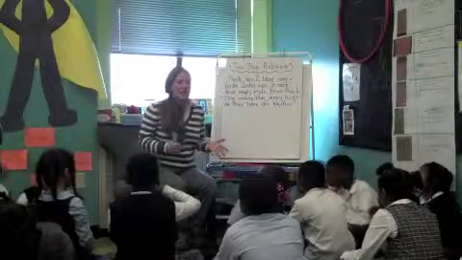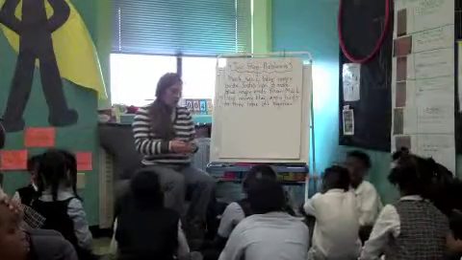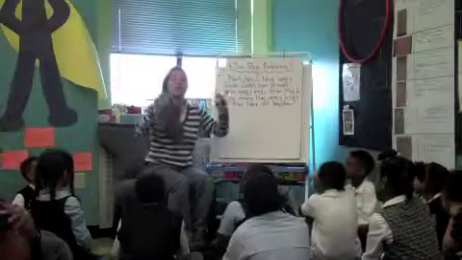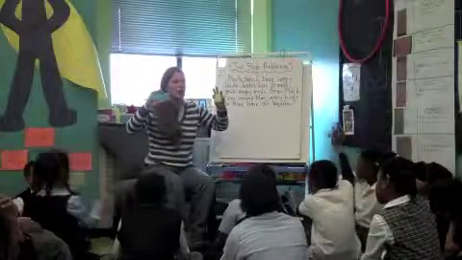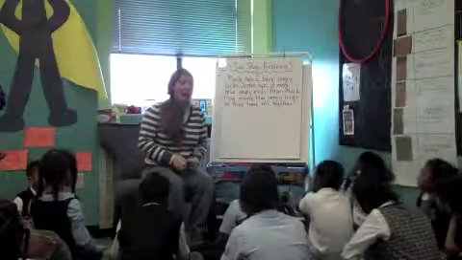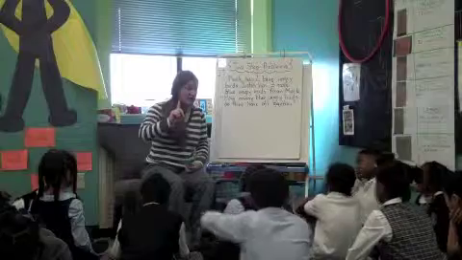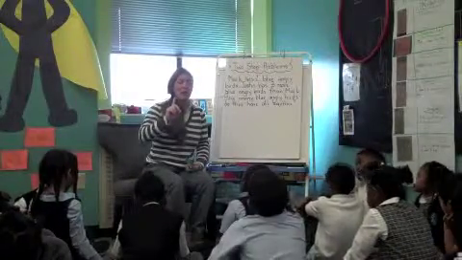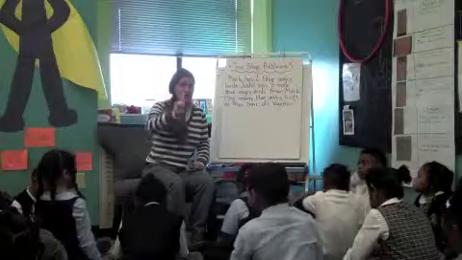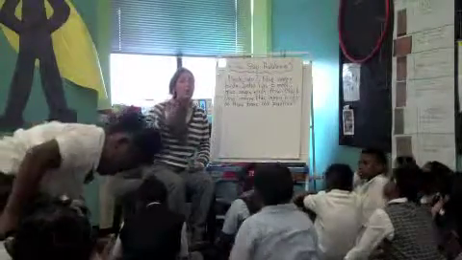Let's see. The first thing I have to do is find out who belongs to which bar. So I have 2 bars because I'm comparing how many Angry Birds Mark has, and how many Angry Birds Justin has. So I have 2 fingers, that means I'm having 2 bars.